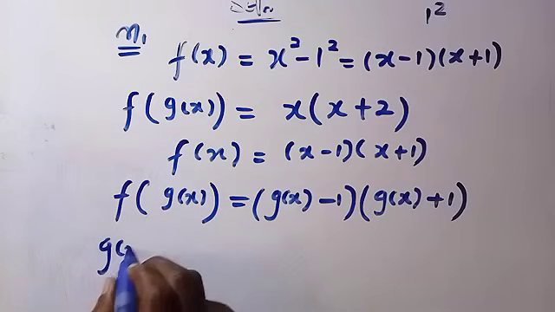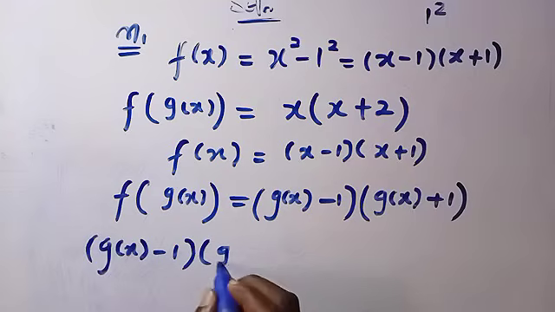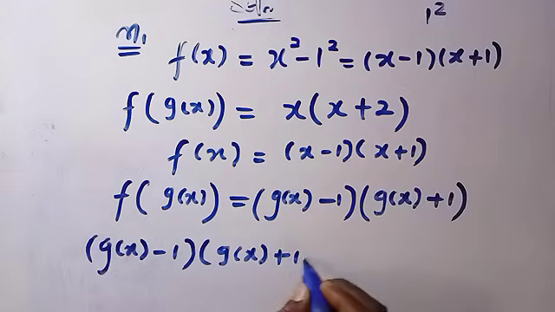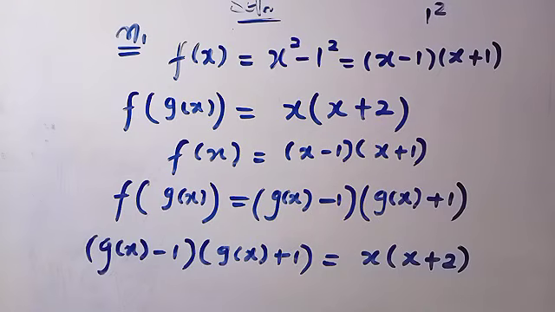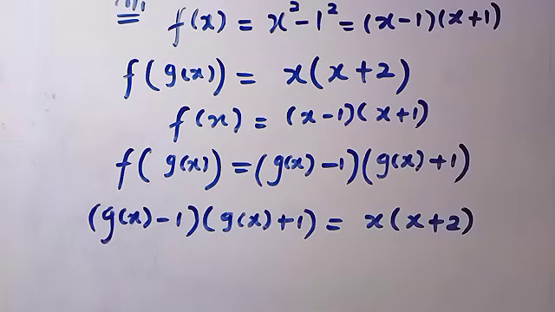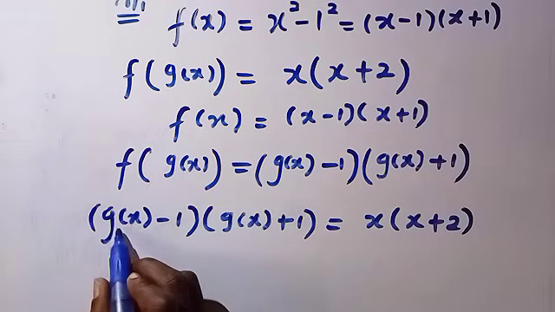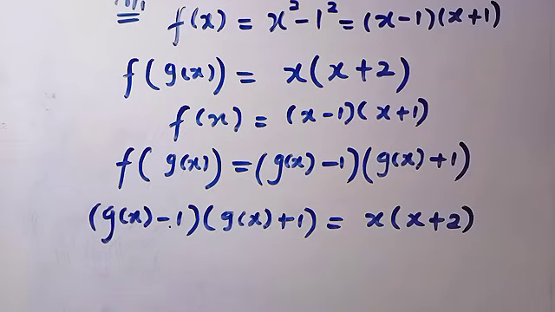We have to equate it as g of x minus 1 multiplied by g of x plus 1 equals x into bracket of x plus 2. And note that this can come in two different directions, positive and negative. If I consider positive first, then let's say I let g of x minus 1 be equal to x.